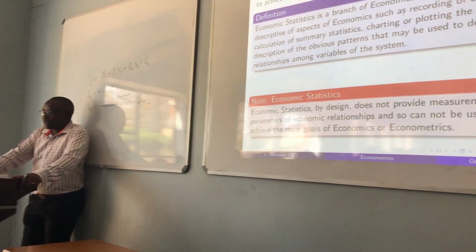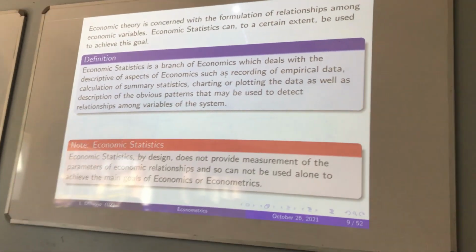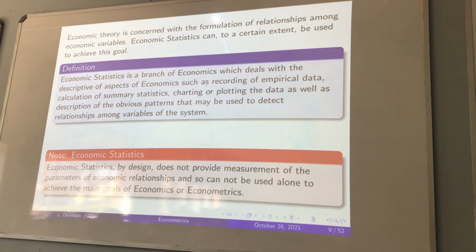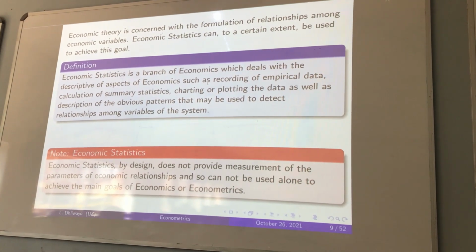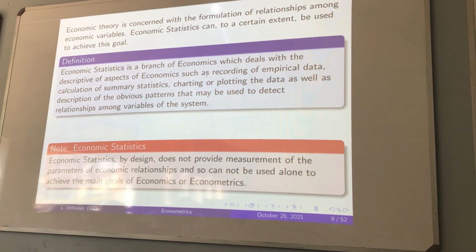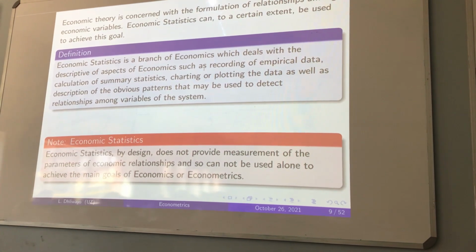Okay, let's continue. Economic theory is concerned with the formulation of relationships among economic variables. Economic statistics can, to a certain extent, be used to achieve this goal. Let's define what economic statistics is, and how it is different from econometrics.